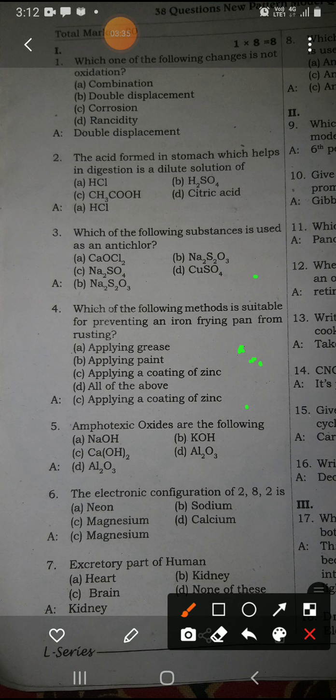So children, the right answer will be HCl, that is hydrochloric acid, right? So the next question is the third one: which of the following substances is used as an anti-chlor?